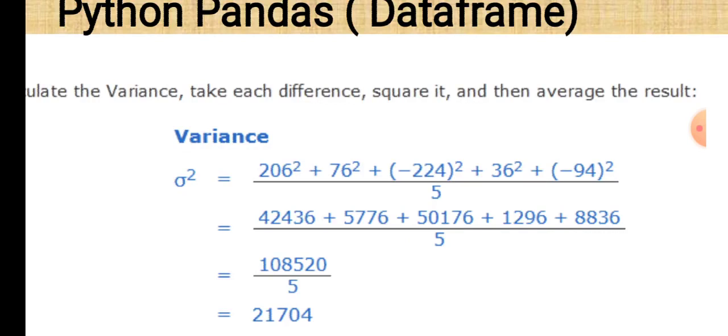The first value is 206, the second value is 76, the third value is minus 224, the fourth value is 36, and the fifth value is minus 94. Then square all these values and take the average of these values. You can find the variance.